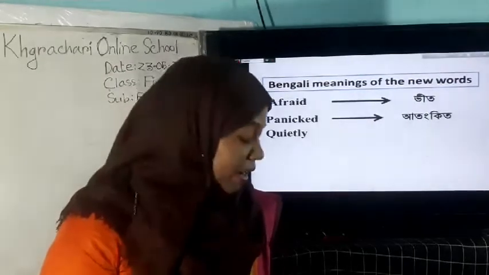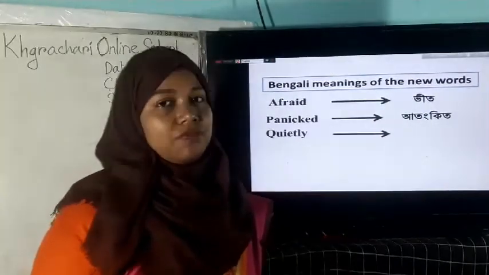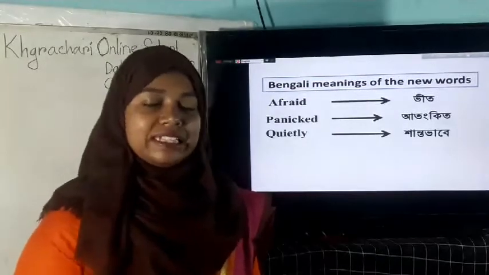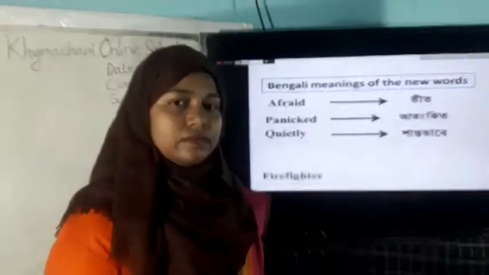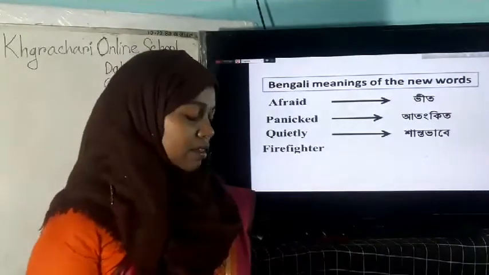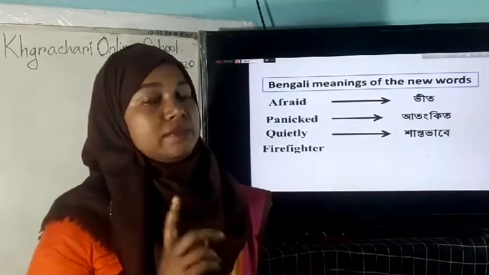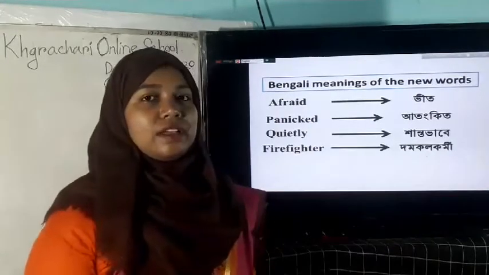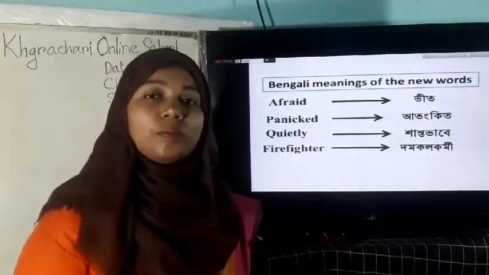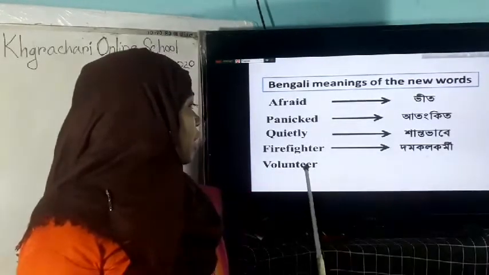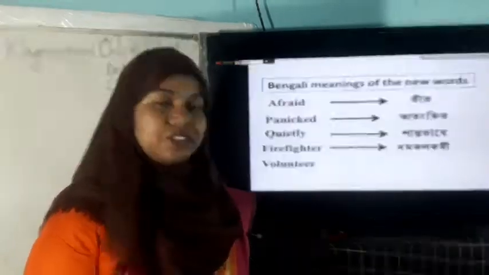Next word, quietly. And the Bengali meaning of quietly is shanto bhabe. Next word is firefighter. And its Bengali meaning is damkol kormi. Next word is volunteer.